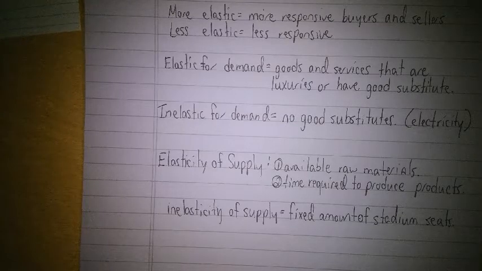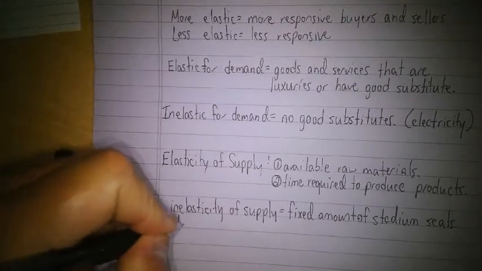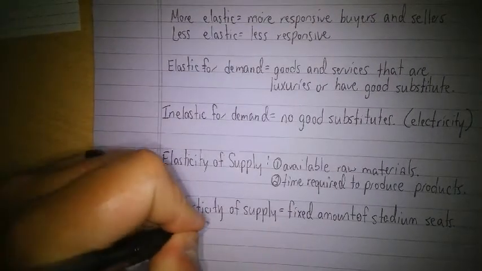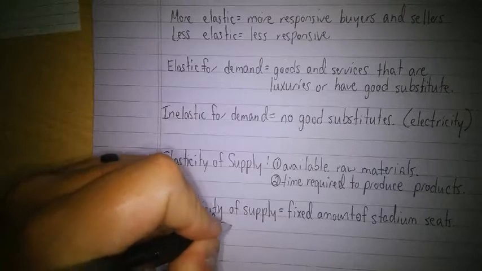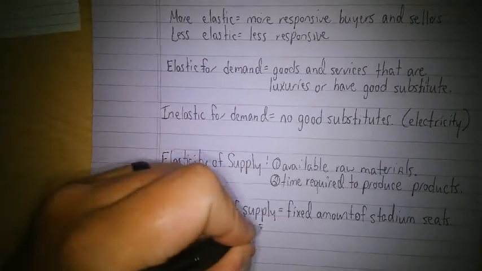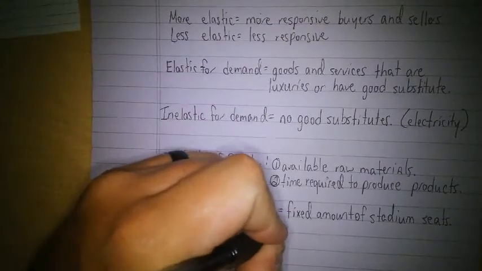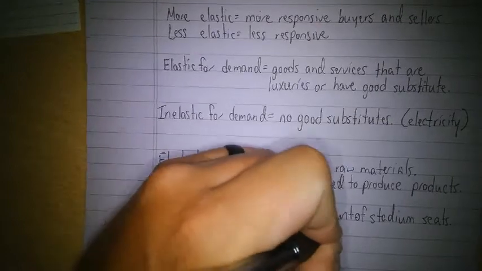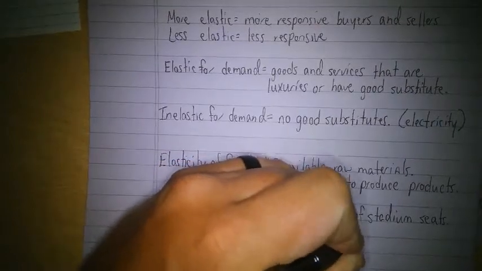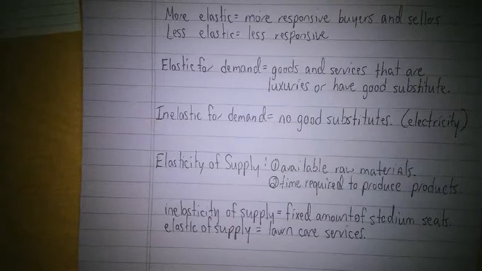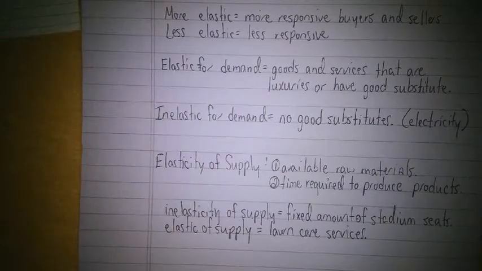Now, if it's elastic, it'd be like lawn mowing. Elastic supply would be like lawn care services. That's not going to be hard to find somebody to fix it if it's wrong, okay?